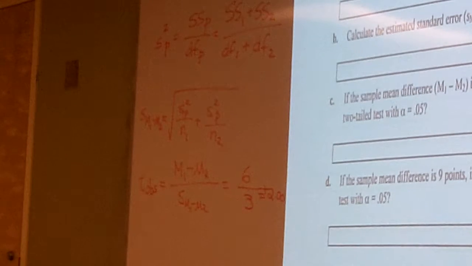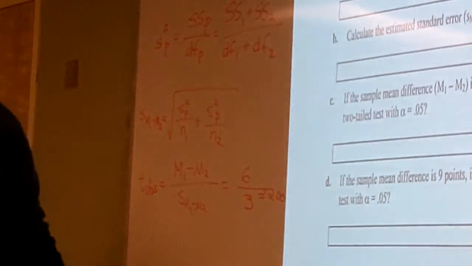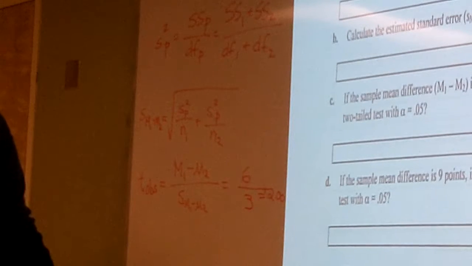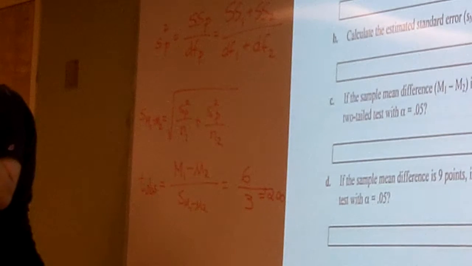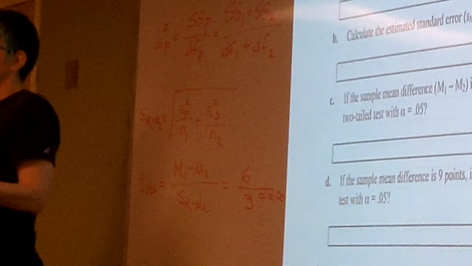All right? So what's the critical value that we need to compare this to? Let's see. What's the information we need to figure it out? We've got that it's a two-tailed test. Alpha is 0.05. And what degrees of freedom are we going to use?